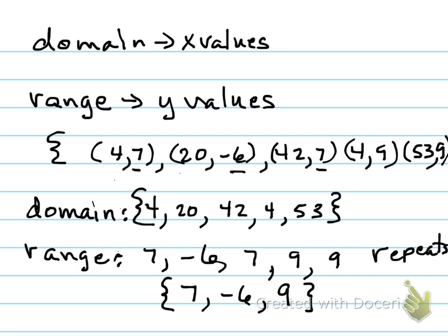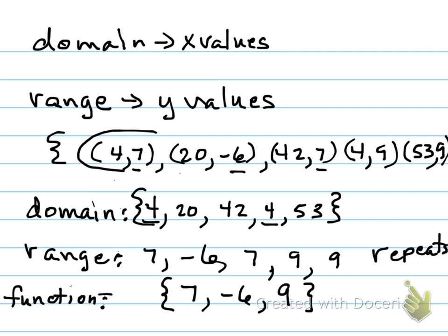Okay? Now, we need to know, is this relation a function? And remember, function doesn't have anything to do with range. Function is found by domain. Do any of the numbers in our domain repeat? Yes, they do. The 4s repeat, right? So let's go up to the points here.